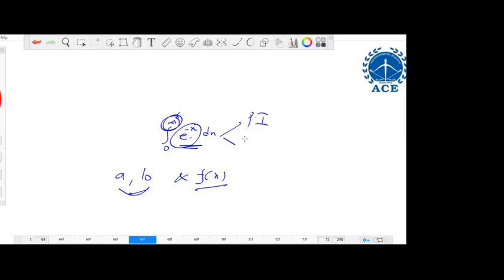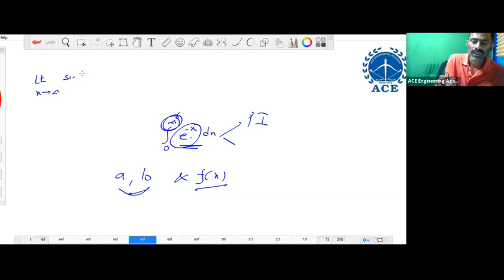You said there is one formula: limit x tends to 0 of sin x by x is equal to 1. Is there any formula for limit x tends to infinity of sin x by x?